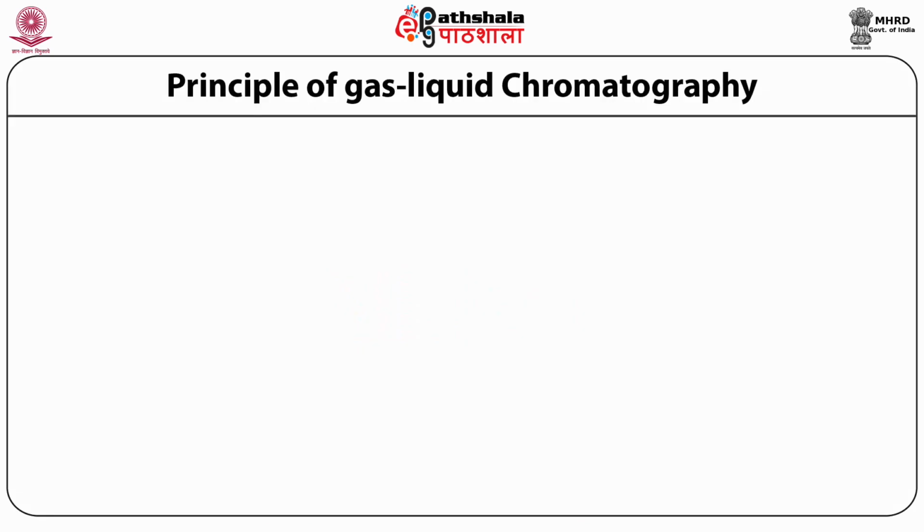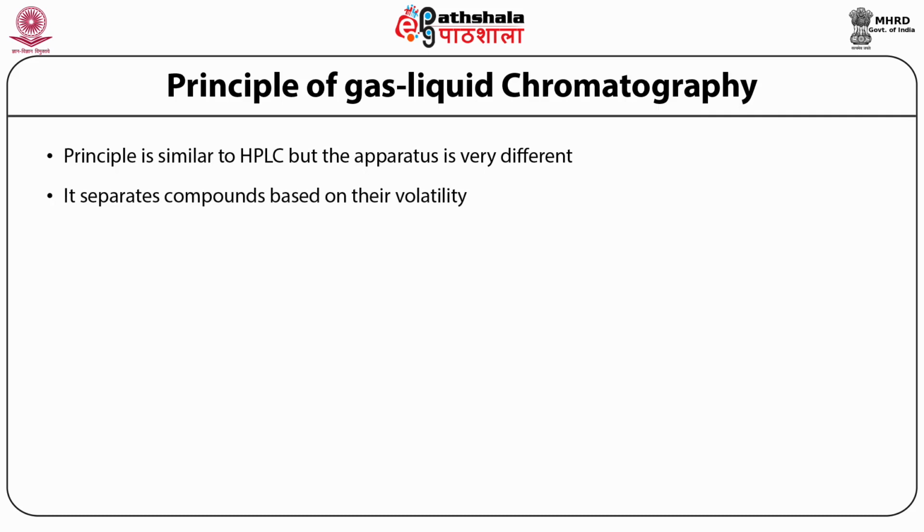Another kind of chromatographic method that is used to separate a mixture of lipids is similar to HPLC and is called gas-liquid chromatography, but the apparatus is very different from that of HPLC. The principle of separation in GLC is that the compounds are separated based on their volatility.